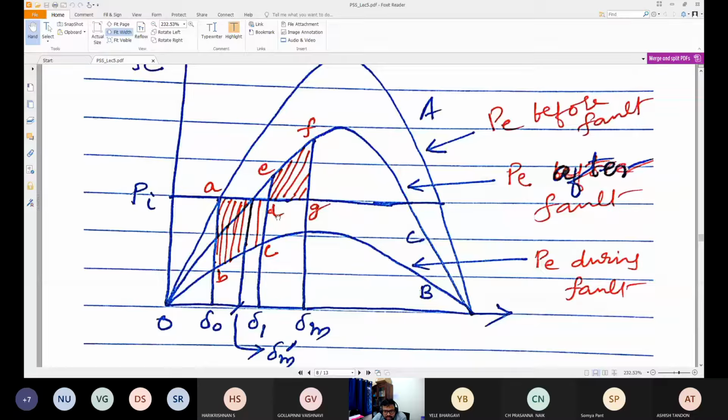Which curve governs PE here? In the post-fault condition, curve C governs PE. So this is that area. We'll apply the equal area criteria and find what could be the critical clearing angle.